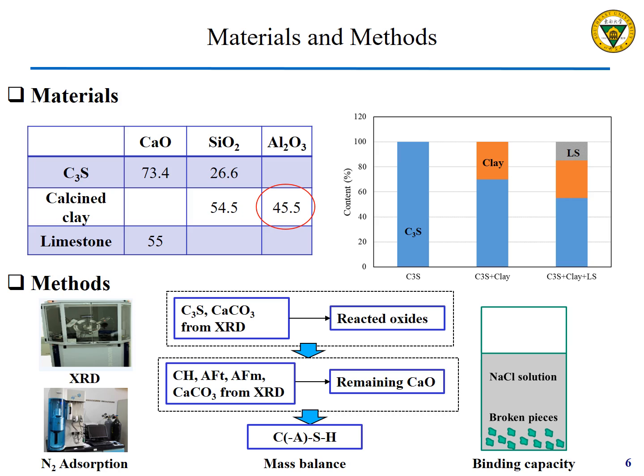Then we know the reacted oxide amount. And for the CH, AFt, and AFm, the contents are also from XRD analysis. At last, the remaining calcium oxide is going to form C-S-H. Finally, we can acquire the phase content in different systems.